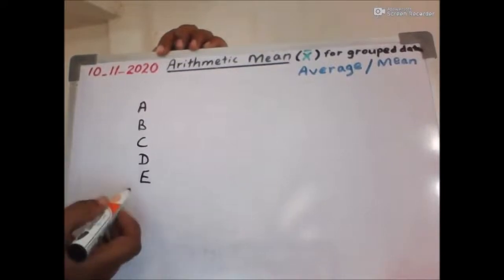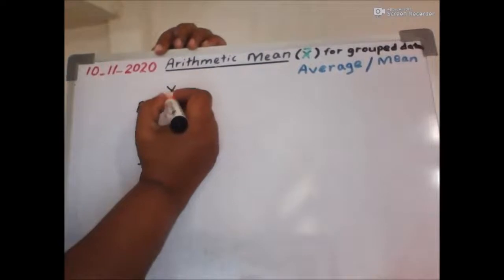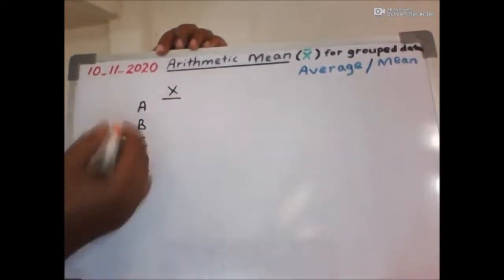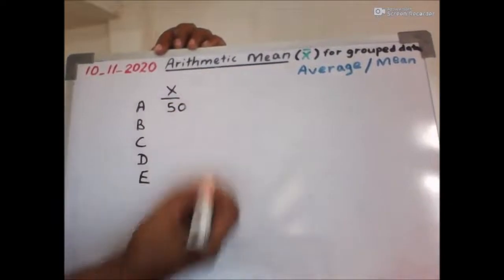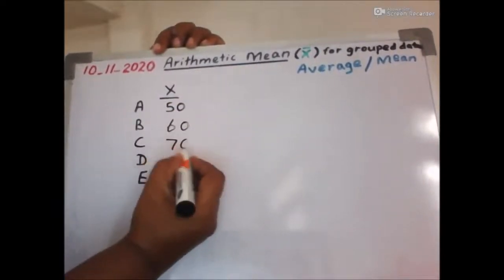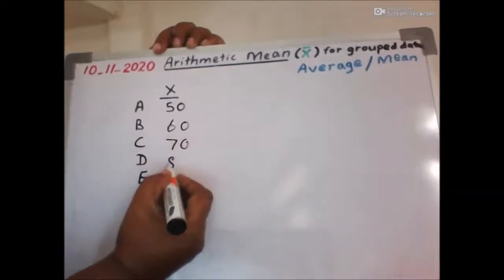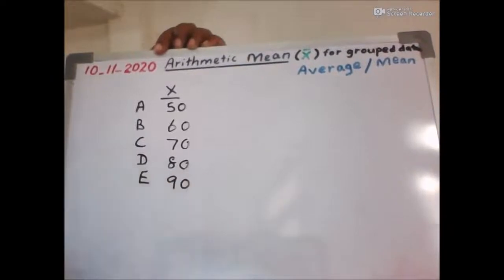And we give a test to these students. We'll say maths marks X, right? So Amali has scored, we'll say 50, Bimali 60, Simali 70, Dimali 80, Emali 90, right?